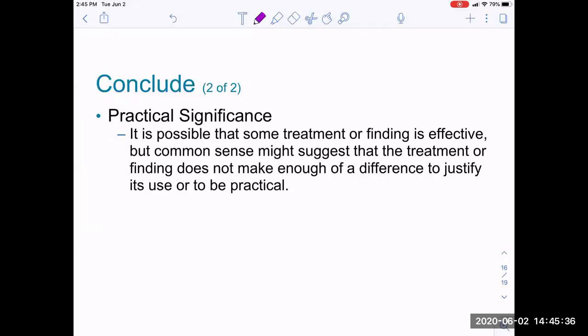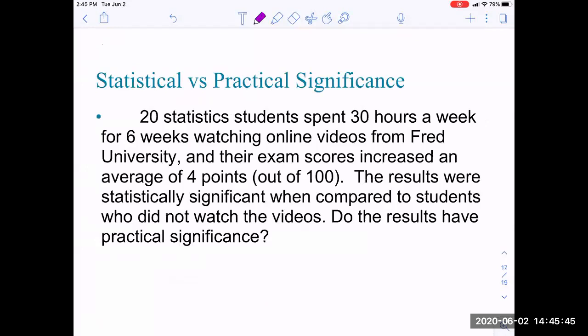Sometimes things are statistically significant, but not of practical significance. So here's my example. Suppose we got these 20 stat students. They're spending 30 hours a week for 6 weeks watching videos from Fred University. And their exam scores increased on average 4 points. So when compared to students who did not watch the videos, it was statistically significant.